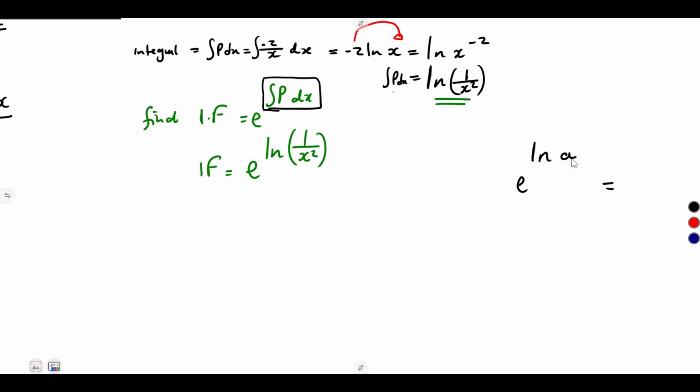So we are just neutralizing. E to the exponent of ln of something is equal to that something that you're given. In our case, it is e to the exponent of ln of 1 over x squared, so our answer is going to be that part under the ln, which is 1 over x squared. It is one and the same.